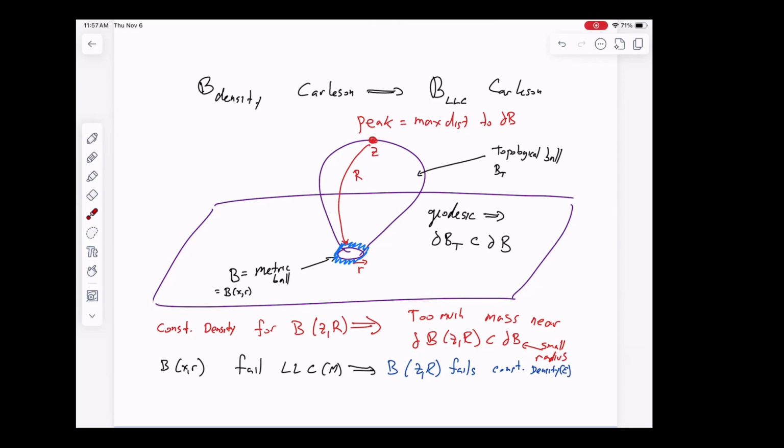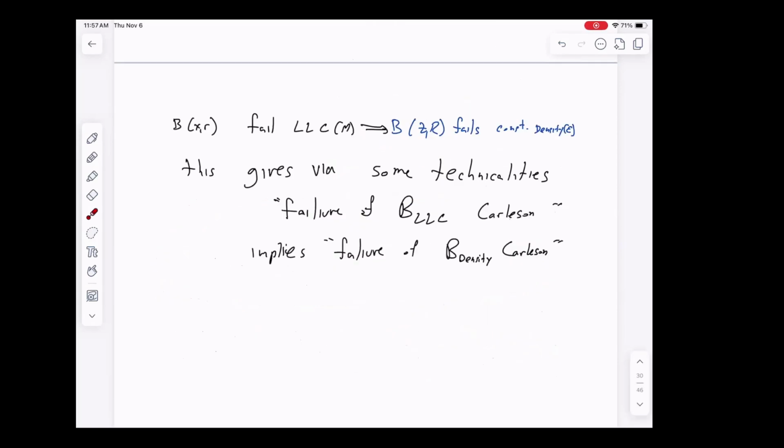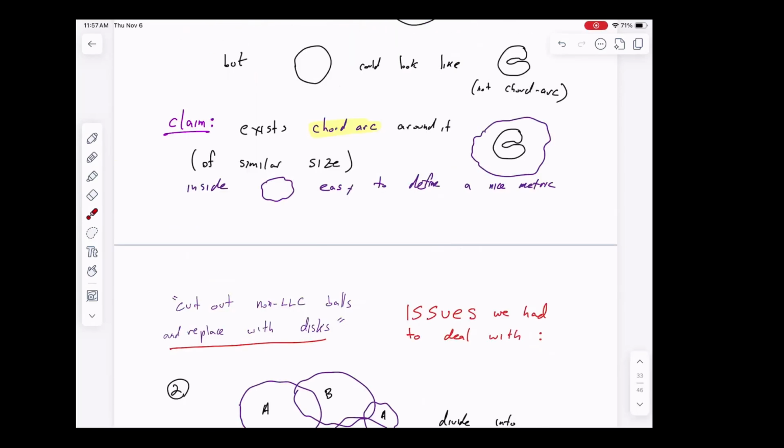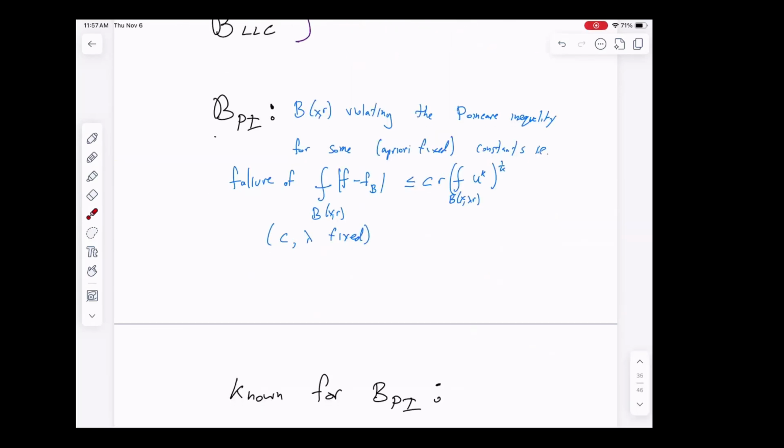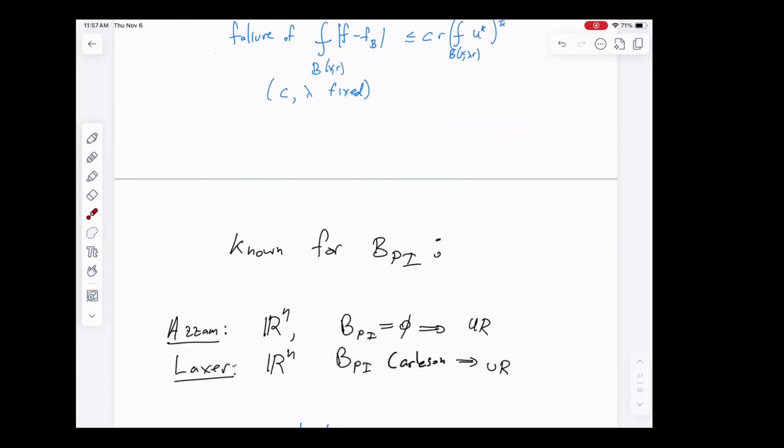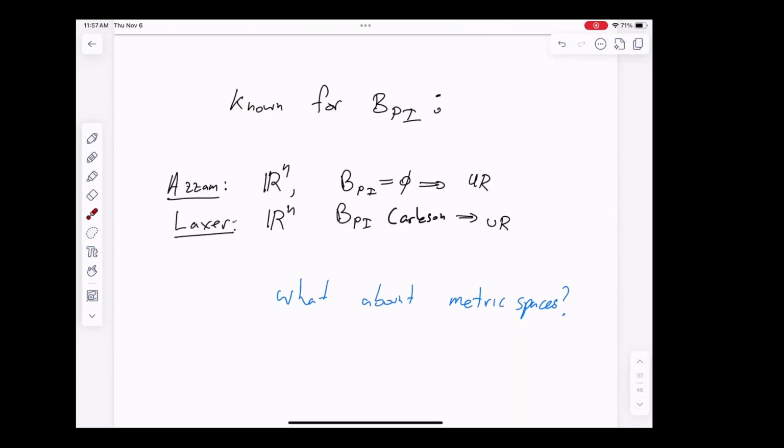Okay. Other comments or questions? So you had this thing about PI spaces, one of your questions at the end. Yeah. I guess maybe I should have thought about this before, but Jonas proved that in Rn, if you're a PI space, then you're uniformly rectifiable, right? Yes.